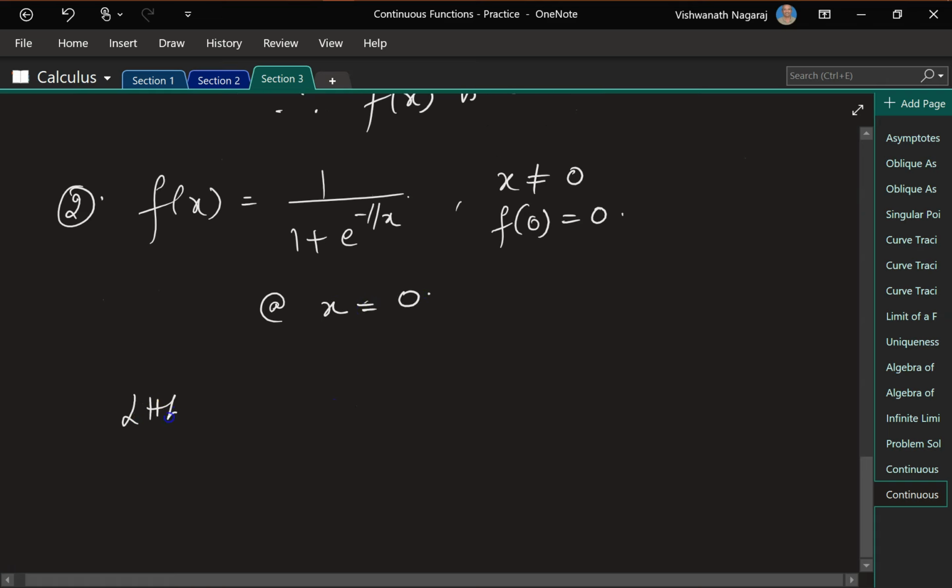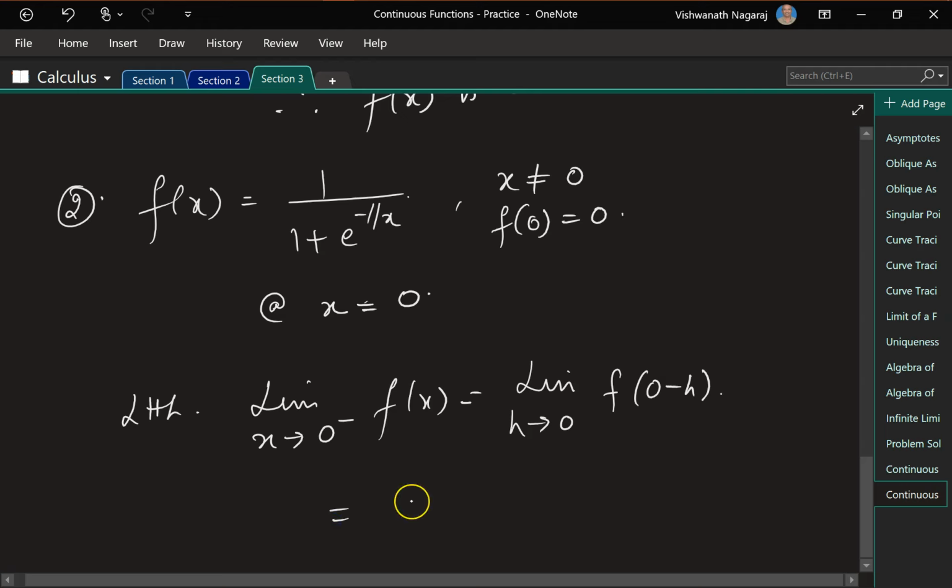Again LHL. So limit as x approaches 0 from the left hand side of f of x is equal to limit as h approaches 0 of f of 0 minus h.